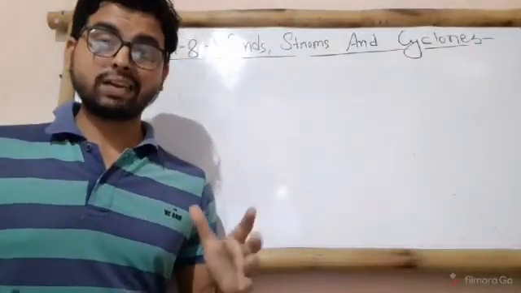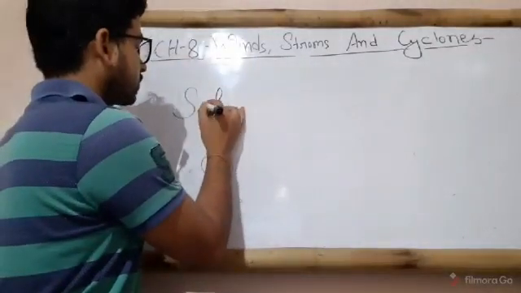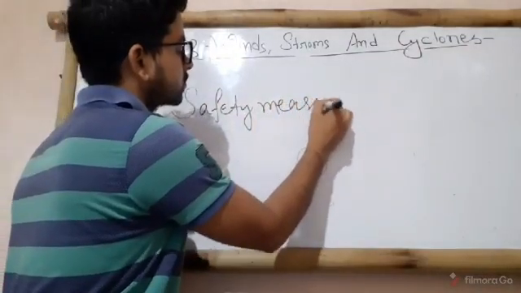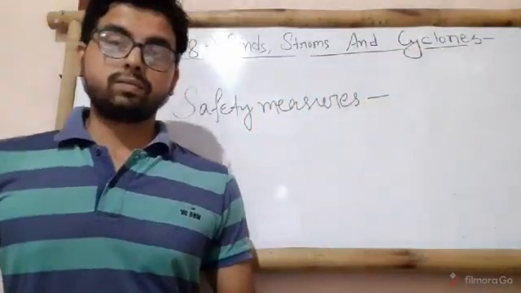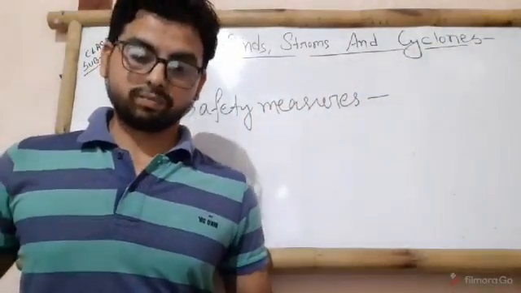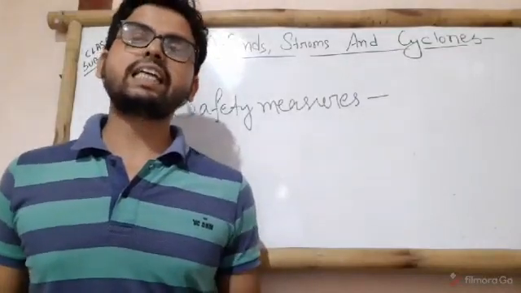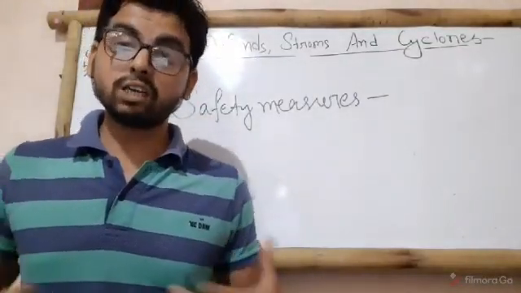Now the safety measures for cyclones. Okay. There should be a cyclone forecasting service that can warn the people of a particular area that can be hit by a cyclone.